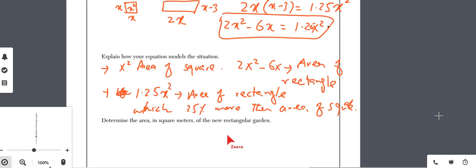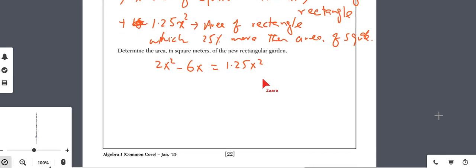So let's try to solve it for x. 2x squared minus 6x equals 1.25x squared. Then subtracting 1.25x squared from both sides, I will get 0.75x squared minus 6x equals 0.